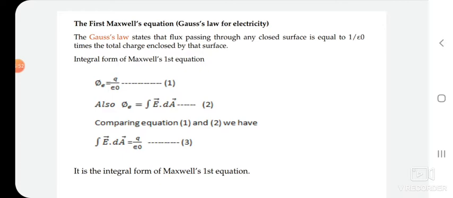So phi is equal to 1 by epsilon naught times Q. Phi is nothing but the flux passing through that closed surface. Q is the charge enclosed in that surface, and epsilon naught is the permittivity of free space.